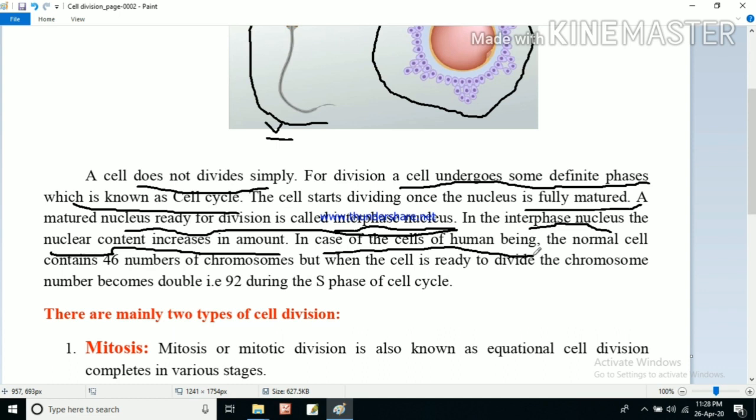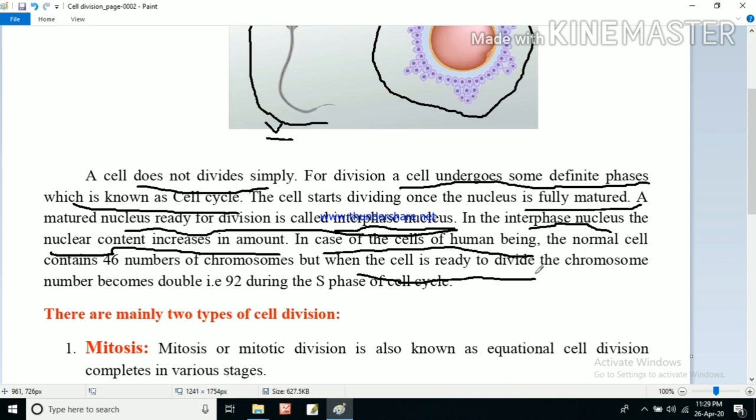But when the cell is ready to divide, or when the nucleus is completely matured, the nuclear content or the DNA increases in amount. When the cell is ready to divide, the chromosome number becomes double. When the DNA increases, the chromosome number also increases.